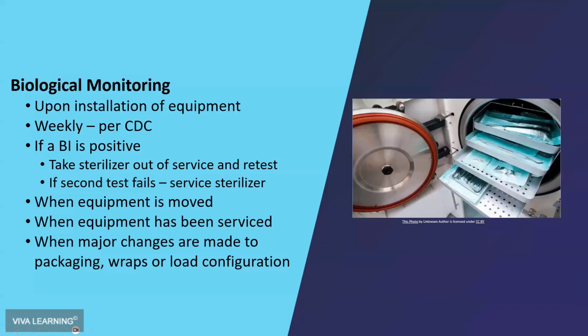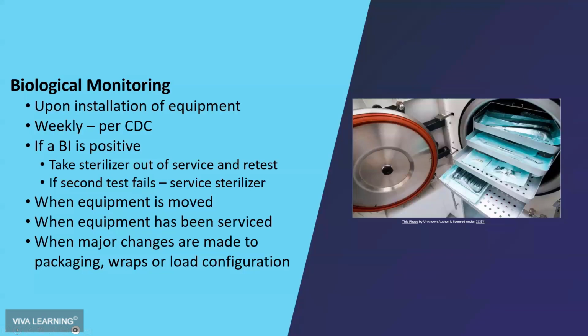And there is a protocol for this, and that is that there must be 3 consecutive passing tests before that equipment can be used. So that's number one. Then next, of course, is the weekly monitoring of sterilizers.